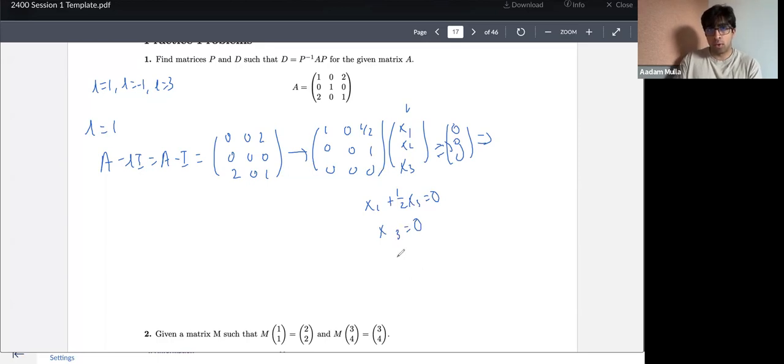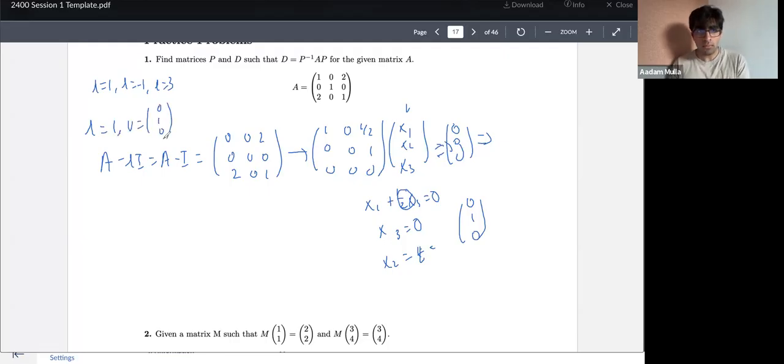So let's let x2 equal 1, whatever, it's free. Then x3 has to be 0, and if x3 is 0, then x1 also has to be 0. So 0, 1, 0 is the eigenvector for lambda equals 1. Okay, just like that.